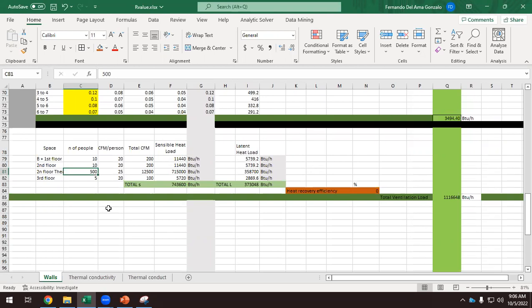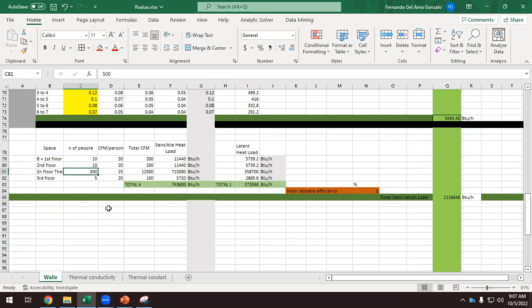And if we have all these people at the same time in the building, then the ventilation load would be much bigger than the heat that we are losing through windows, the heat that we are losing through the roof, or through the walls. So that's why the heat recovery is something mandatory, especially in commercial buildings.